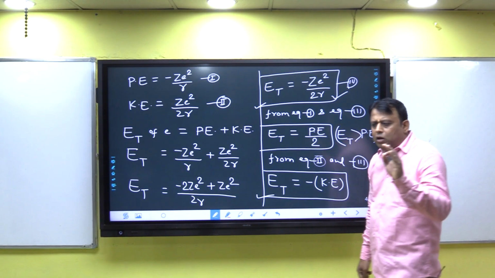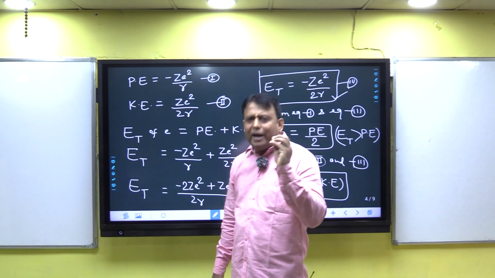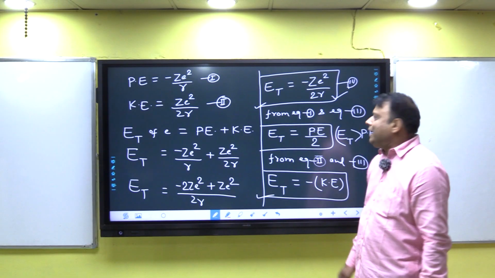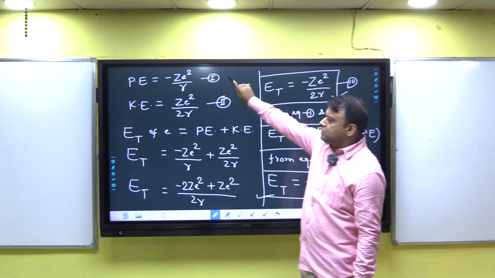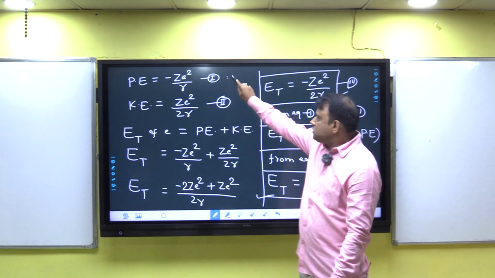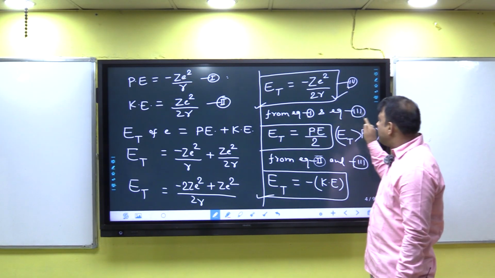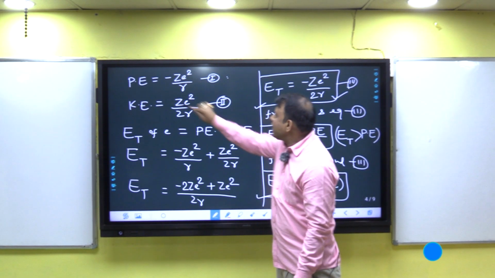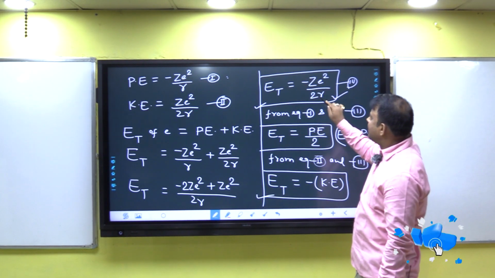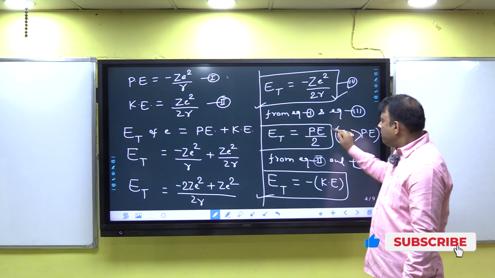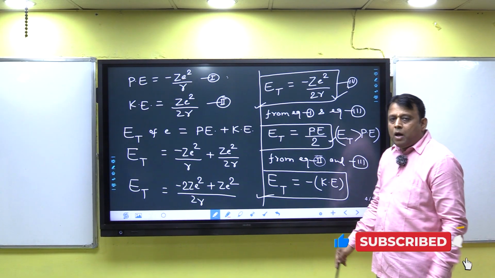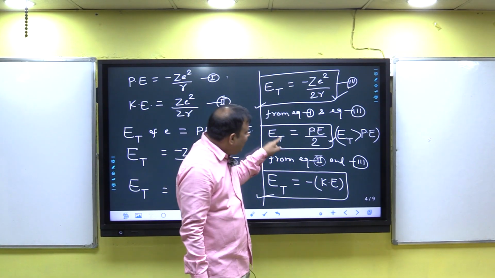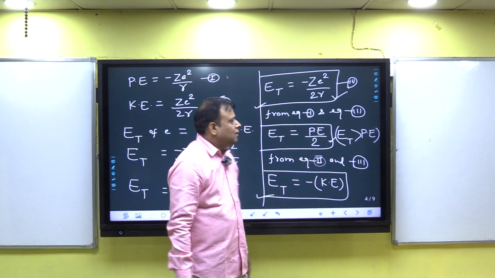Now, for MCQ and objective questions, always keep in mind the relation between potential and kinetic energy from equation number first. Look at equation first and equation number third, it is total. So total energy is equal to minus Ze² by 2R, that means potential energy by 2. But always keep in mind, total energy is greater than potential energy.